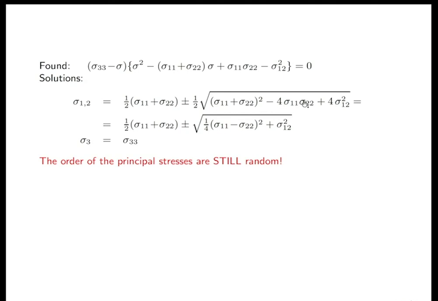This we can combine, and then we get something with sigma 1,1 minus sigma 2,2, sigma 1,1 plus sigma 2,2, and a lonely sigma 1,2 squared here. So this is the solution for the eigenvalues using the polynomial solution equation. I hope you have seen that one before.